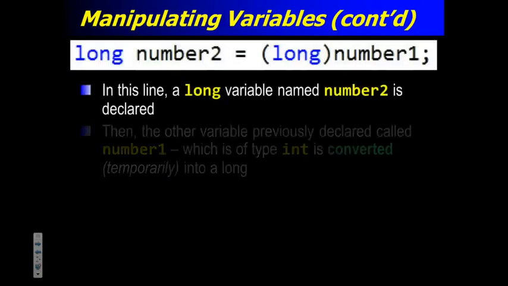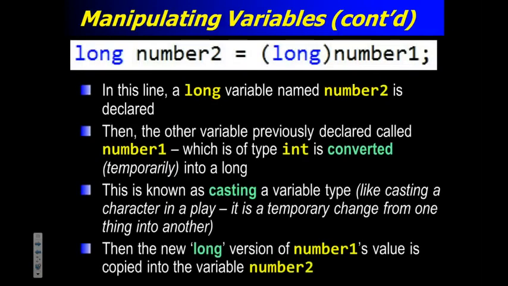Then the three lines I did after that had this weird syntax where it put something in brackets. This is called casting a variable. The analogy I'd give is if you ever took drama, and all of a sudden you're playing a doctor in a drama production, you're not really a doctor, you're just playing a doctor.